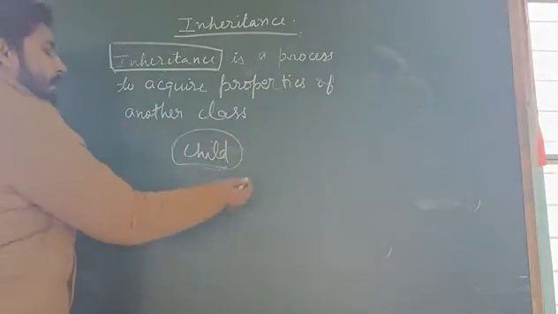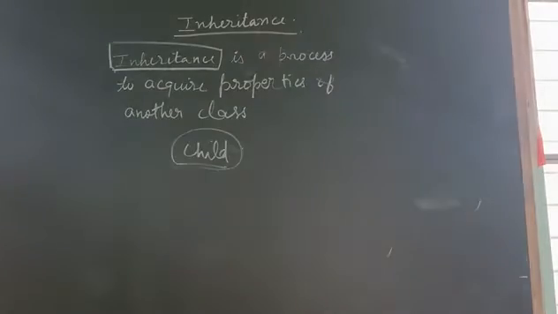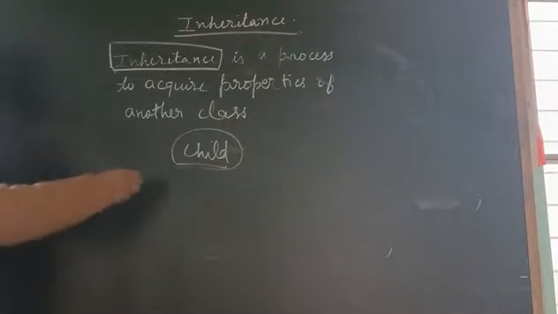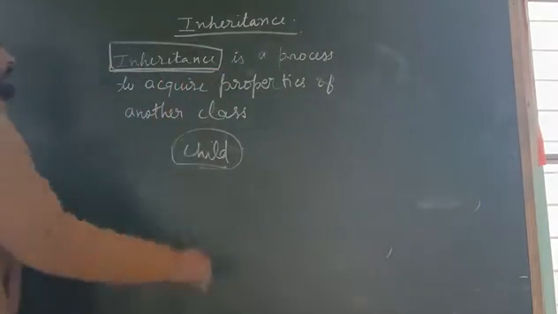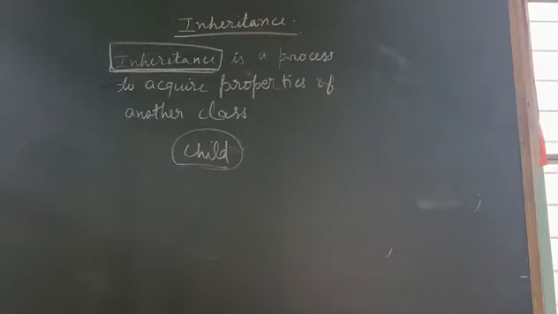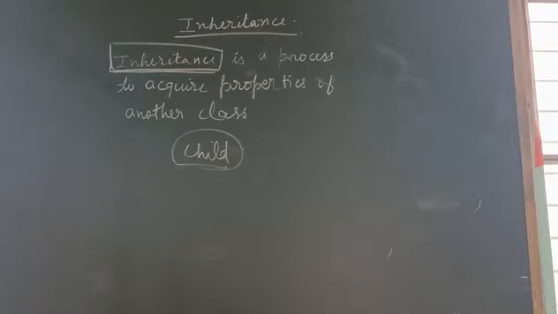That is a process called inheritance. In the same way, in Java we acquire the properties of one class, and the class which inherits the properties is called the derived class, and the class from which the properties are derived is called the base class.